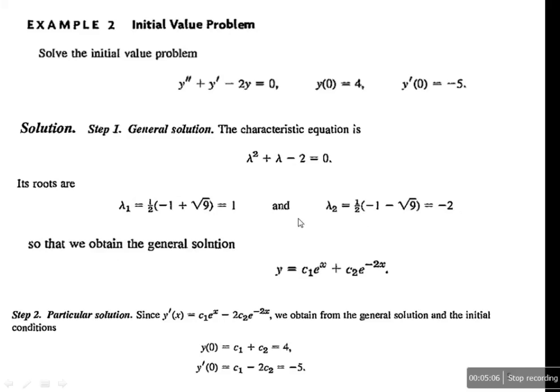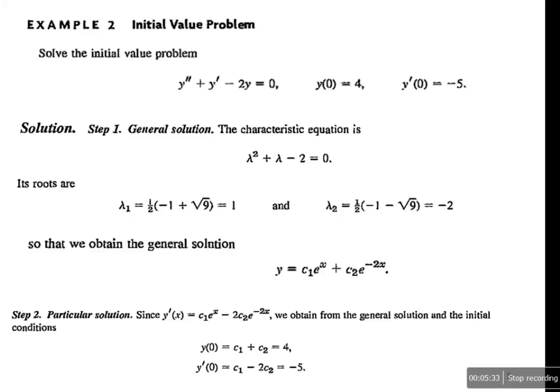So the basis is e to the power x and e to the power minus 2x. Again, the general solution will be c1 e^x plus c2 e^(minus 2x). Step 2.